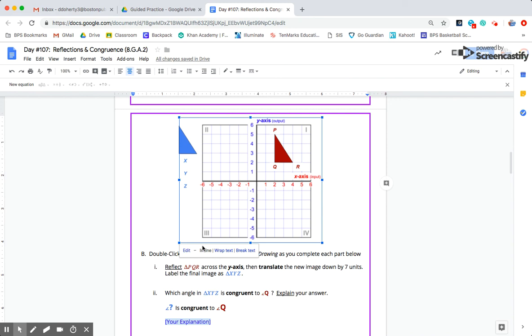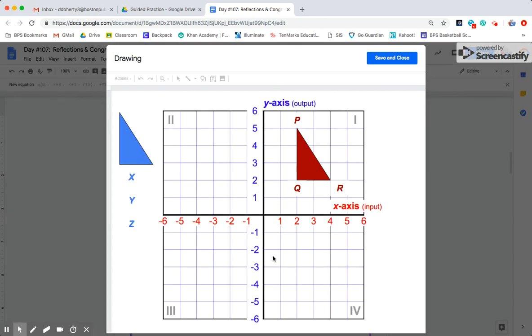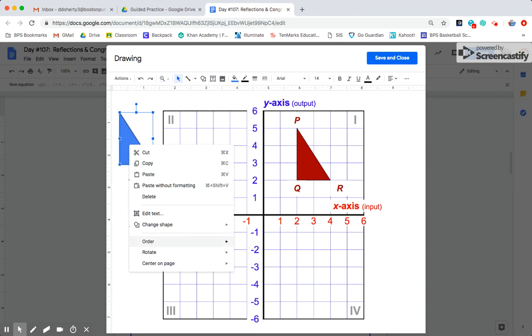So as I open this graph here, first thing I need to do is reflect across the y-axis. This is my y-axis. I'm going to be flipping side to side. So when I grab this blue triangle, I'm going to go ahead and do a horizontal flip this time, a side-to-side flip. So we'll go into the rotate menu where reflections are also confusingly hidden.